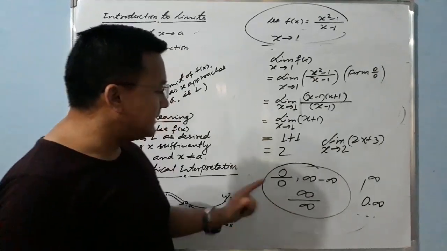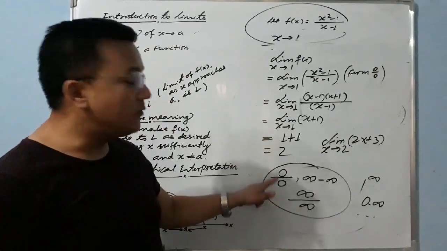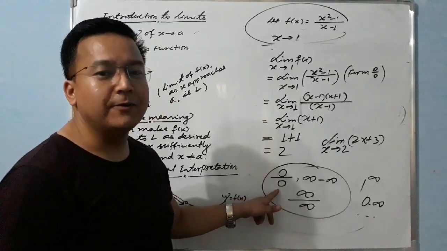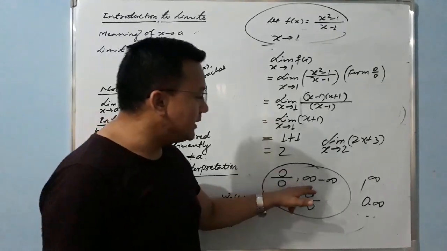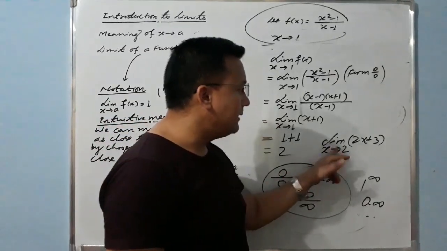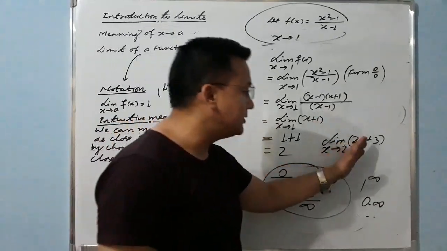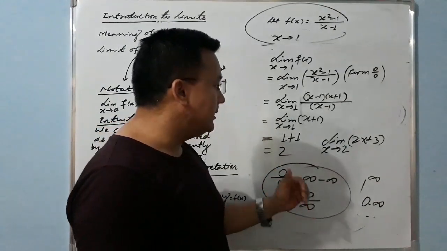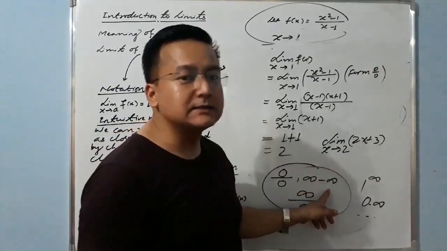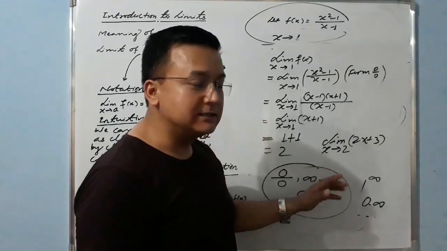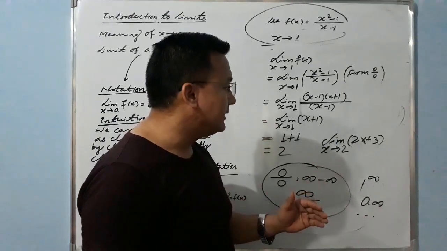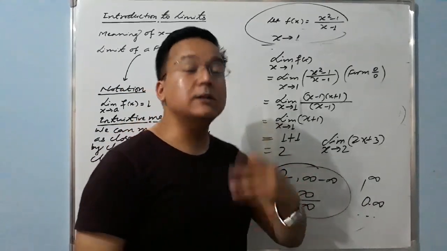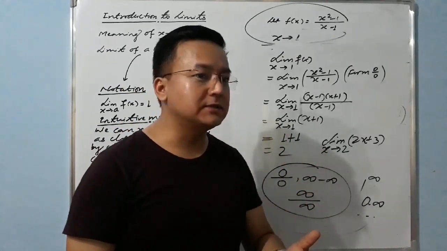0/0 only occurs if the function is rational. Infinity minus infinity occurs if you are finding the limit as x tends to infinity, or in some other cases, especially with trigonometrical functions.